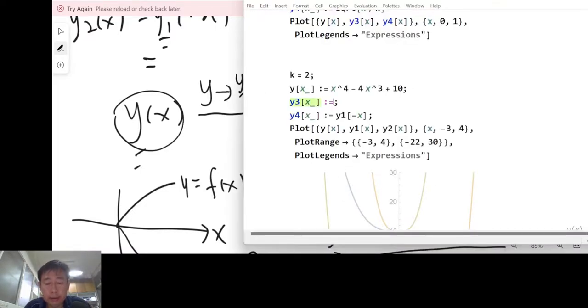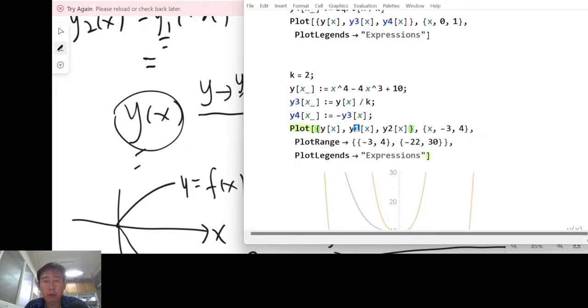So y3 is just equal to y of k divided by k. So that should compress the function vertically by a factor of 2. Then y4 is the vertically reflected version of y3. So we have y3, then if you were to reflect y3 about the x-axis, you just multiply by a factor of minus 1. So that y4 should give me the reflected version of y3.